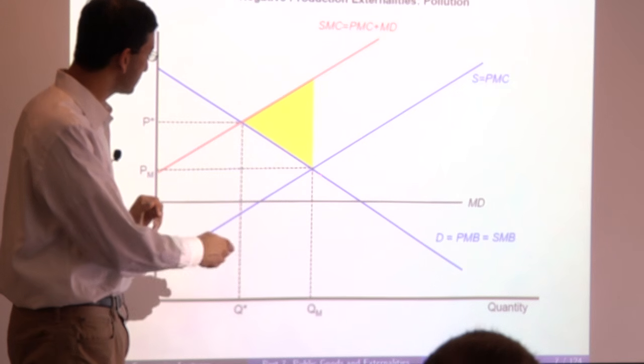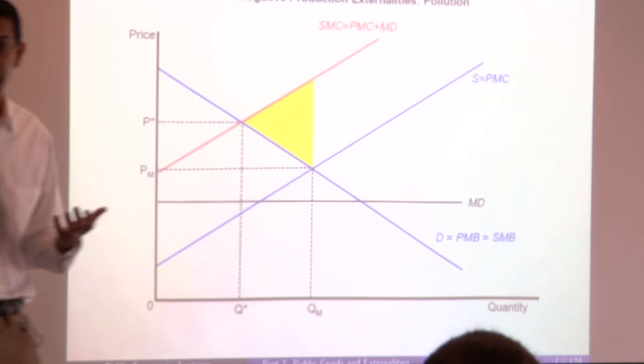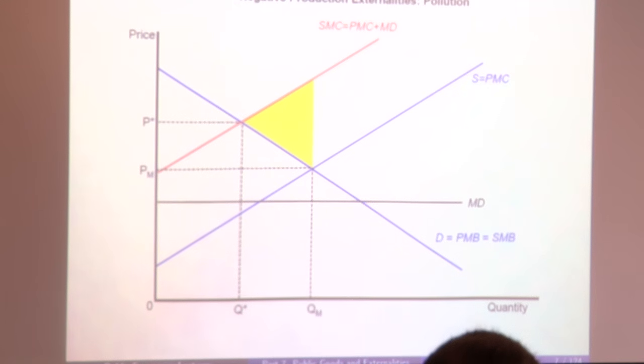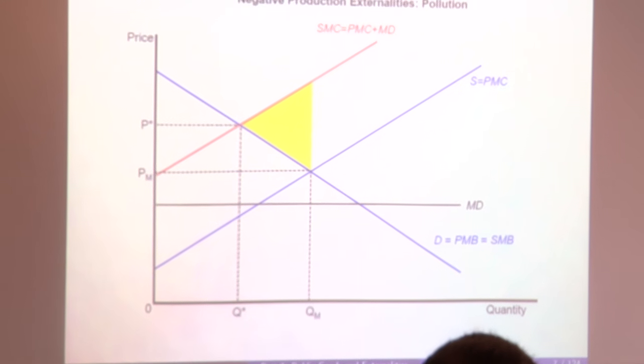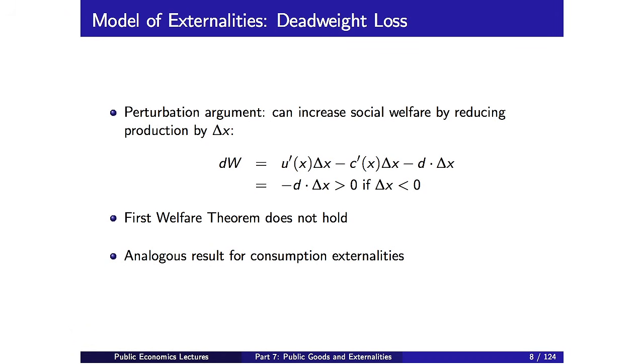Because all these guys who are buying these cars, they value them at less than the true marginal cost of production. And so we basically want to take those guys out of the market. Everybody would be better off if we could devise a system of transfers and get rid of that deadweight loss triangle.